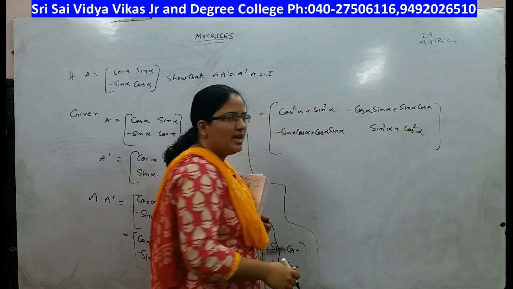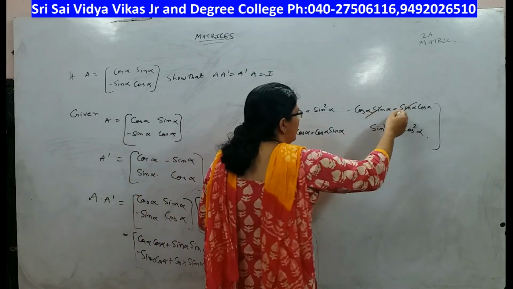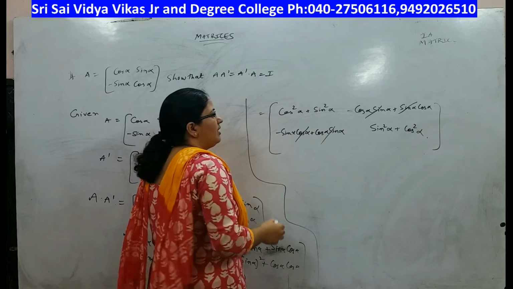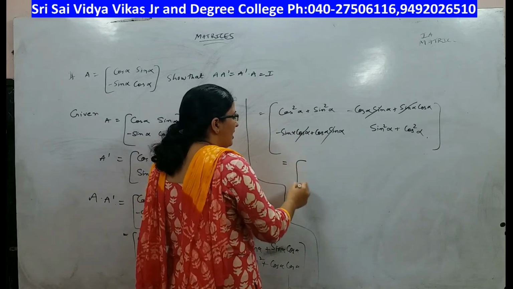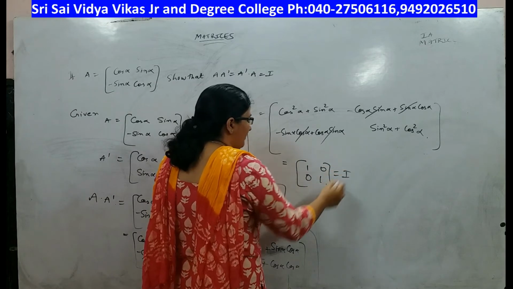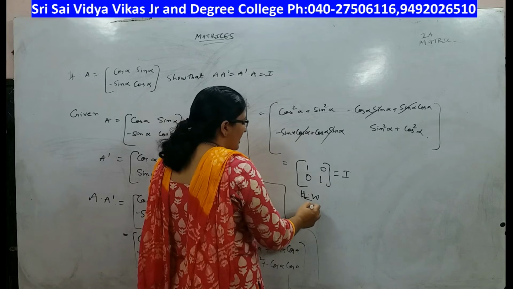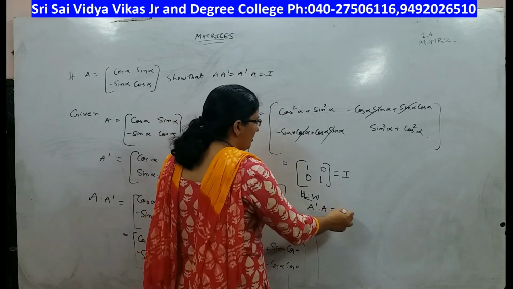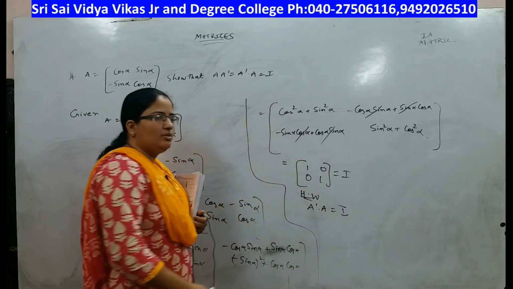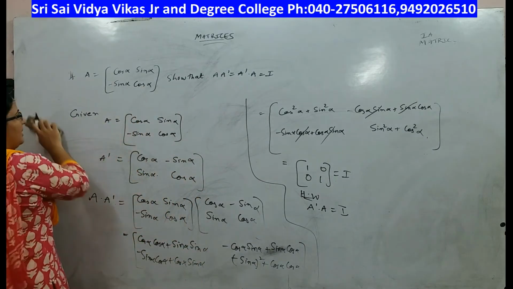Sin square alpha plus cos square alpha is 1, and the off-diagonal terms cancel to 0. So you have [1, 0; 0, 1], which is equal to I. Similarly, you try the next one, that is, you have to show that A transpose into A is equal to I. This you take as homework. We shall discuss the next problem.